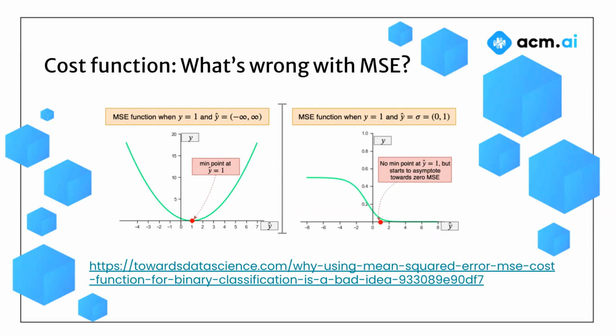That works for linear regression, but in our case with a sigmoid function, it's not as good. Anyone looking at these diagrams see any potential issues with MSE in this case? It's kind of hard to see. Any guesses?